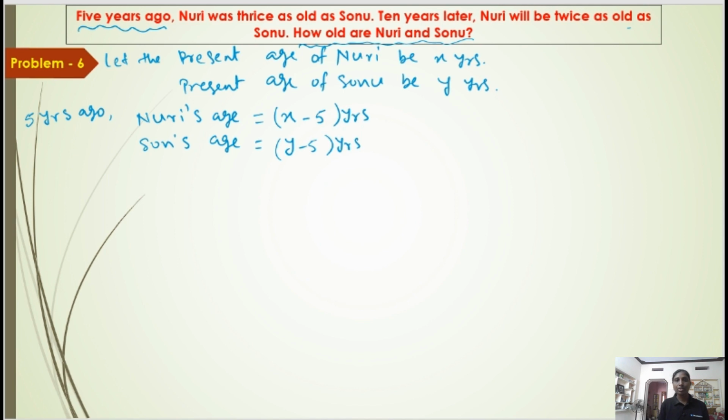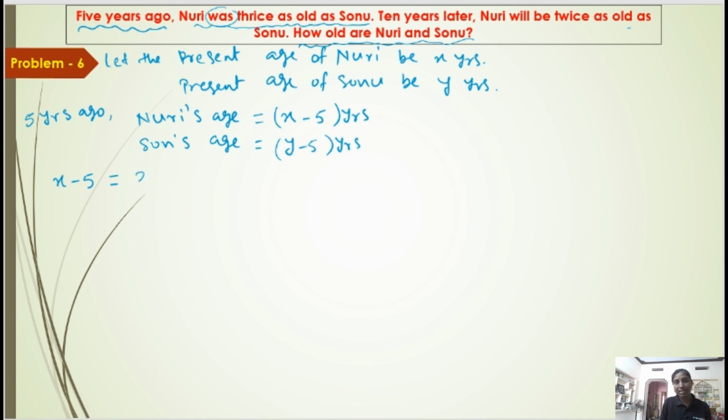Okay. So now read the question. Noori was thrice as old as Sonu. When? 5 years ago. So 5 years ago, you have to write Noori's age first: x minus 5 is equal to, since it says was, write is equal to, then thrice as old as Sonu.